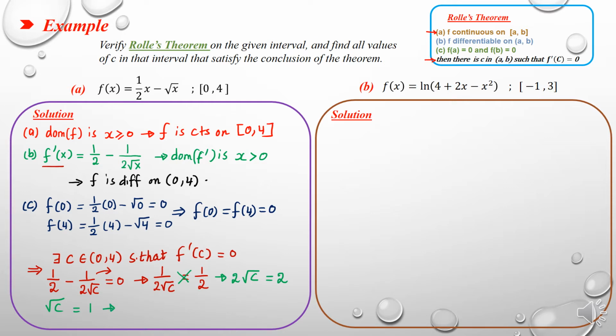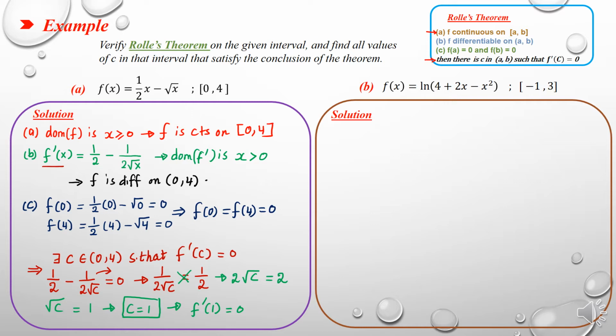Square both sides, and you get c equals 1. This is the value of c that satisfies Rolle's theorem, and that means f'(1) equals 0, and 1 is in the open interval (0, 4).